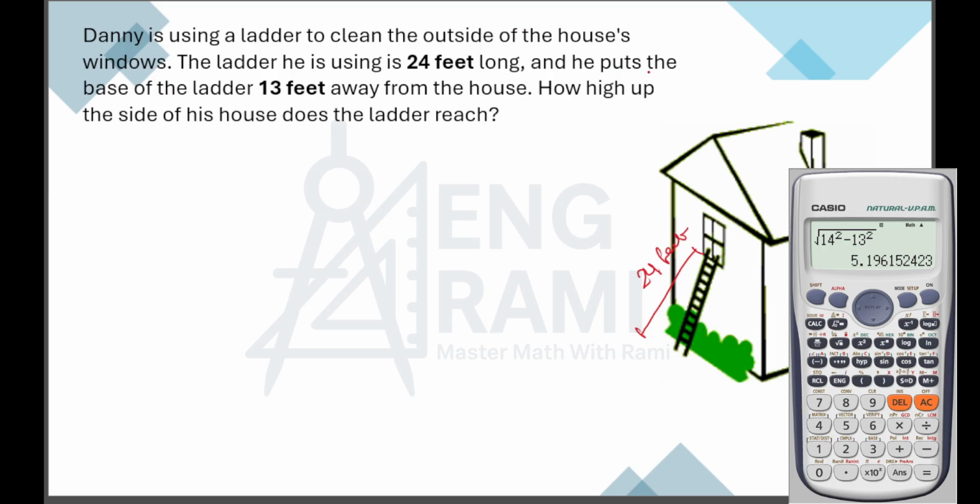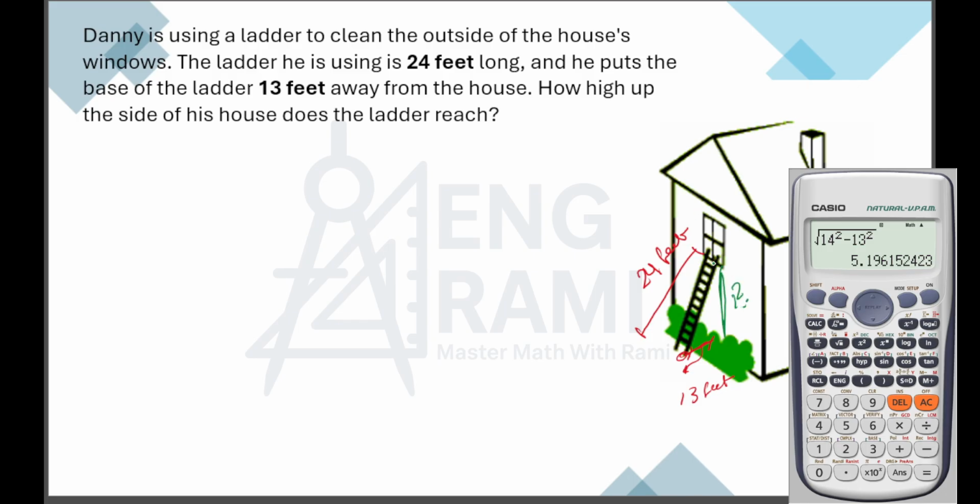And he puts the base of the ladder 13 feet away from the house. I mean, if this is the house, from here to here, 13 feet. How high up the side of his house does the ladder reach? That means he wants us to find this side.